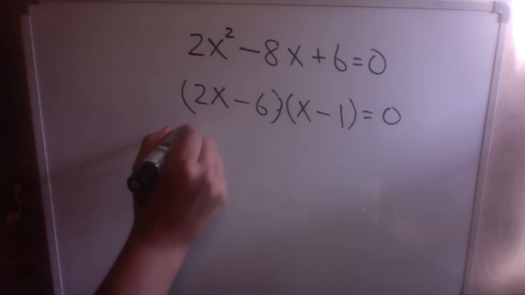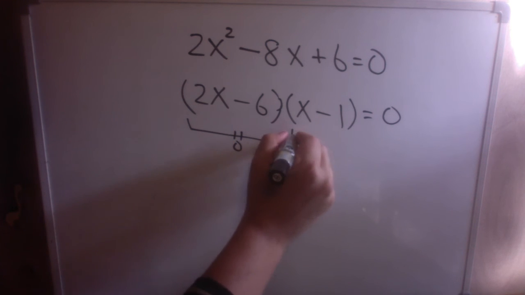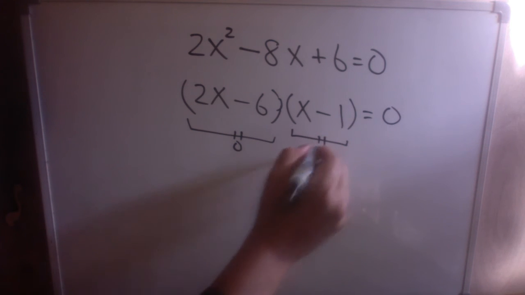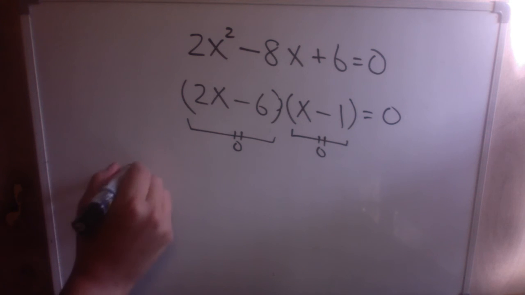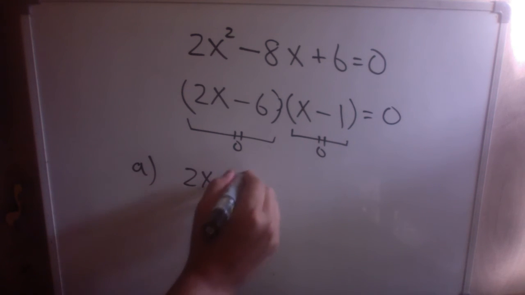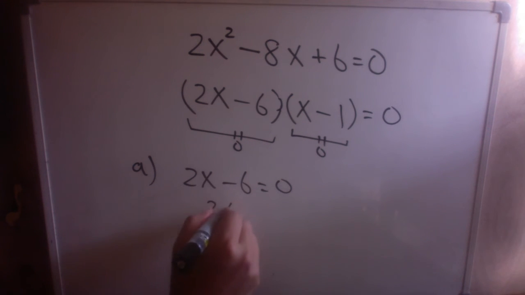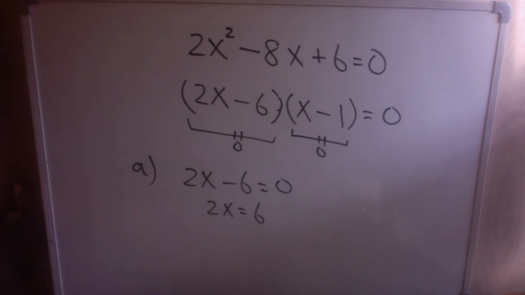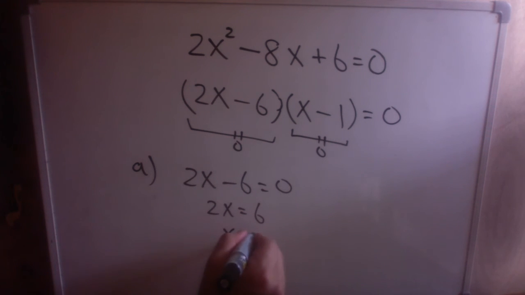So again, this part has to be equal to 0, or this part has to be equal to 0, in order for this equation to hold true. The first part is if 2x minus 6 equals 0. So negative 6 goes to the other side, so that's 2x equals 6. Dividing both sides by 2, I get x equals 3.